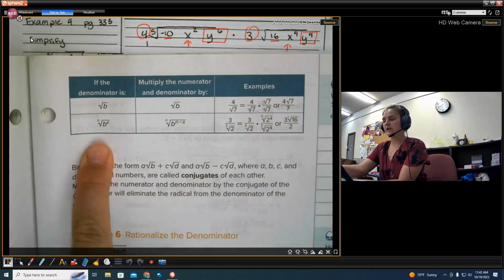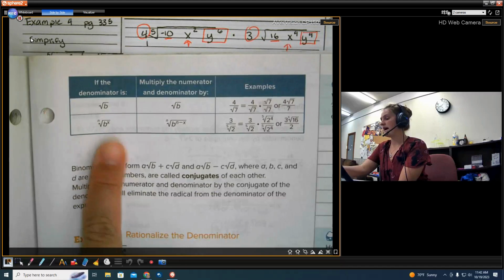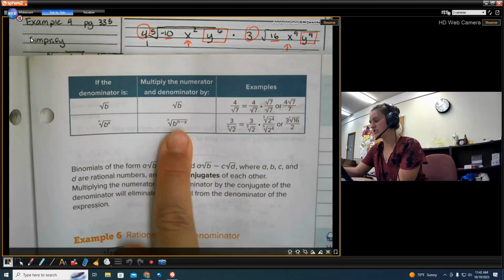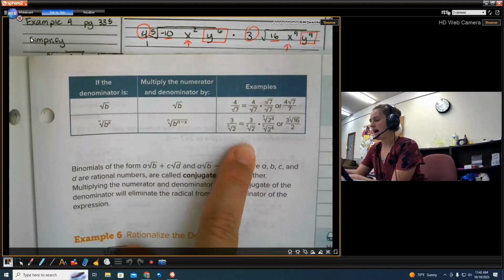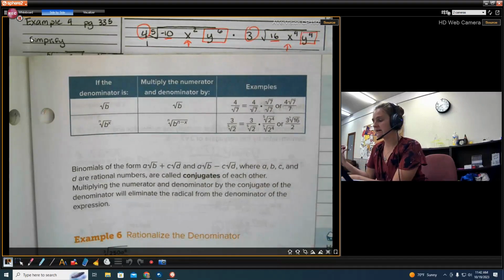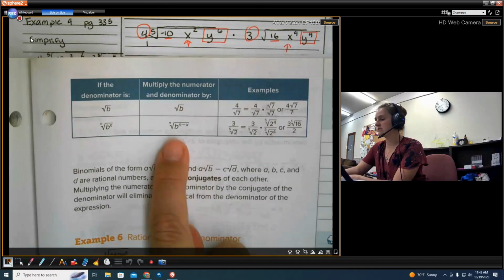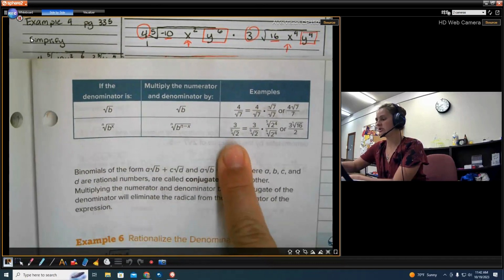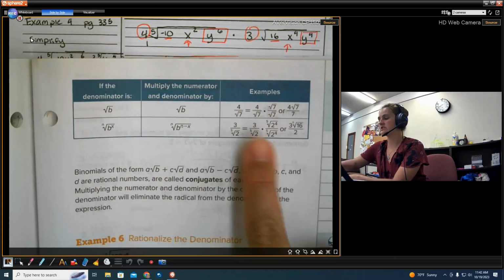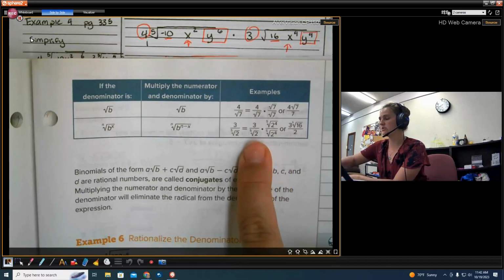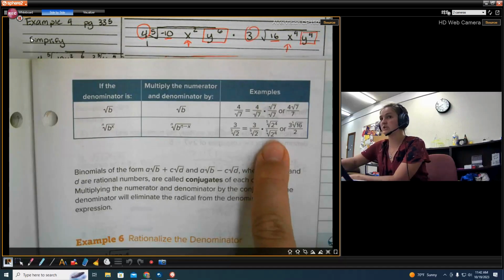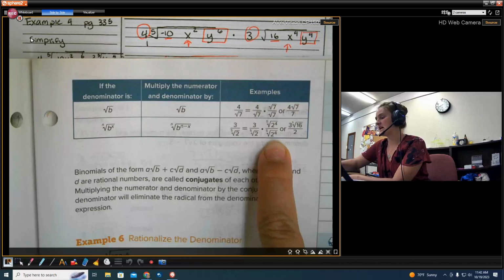If I have the denominator with some other root, I am going to complete how much that needs. So if this is the 5th root of 2, we're trying to get that 2 to 2 to the 5th so that my 5th root can cancel. So I would take my 2 and I'd have 2 to the 4th, because 2 to the 1st times 2 to the 4th would be 2 to the 5th. So we're trying to complete that radical so we can cancel.